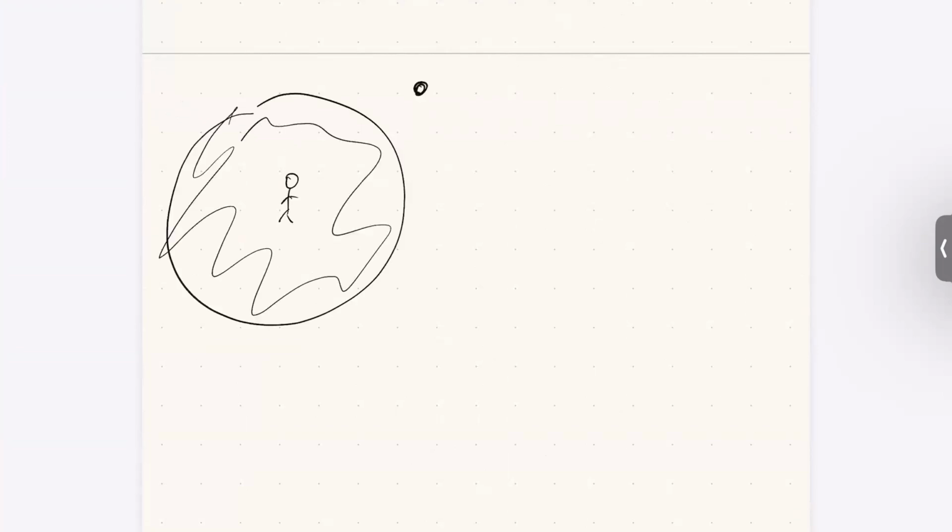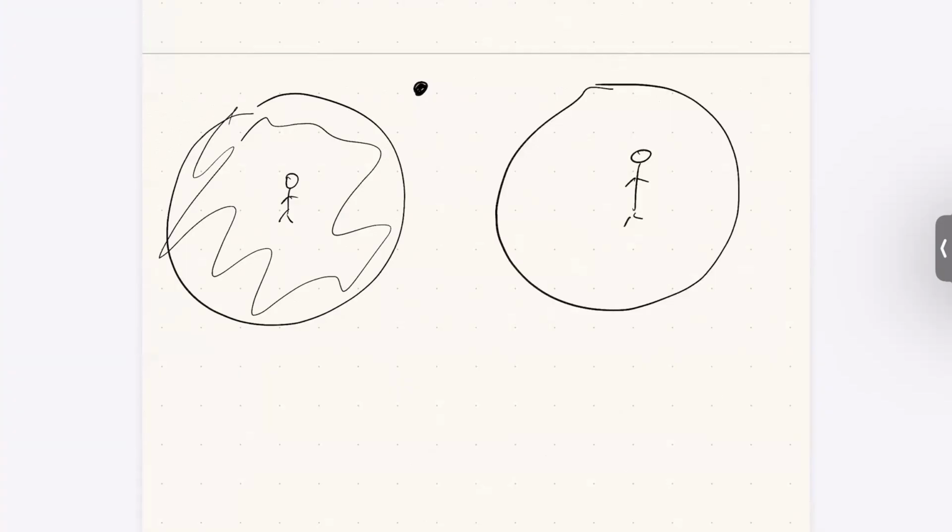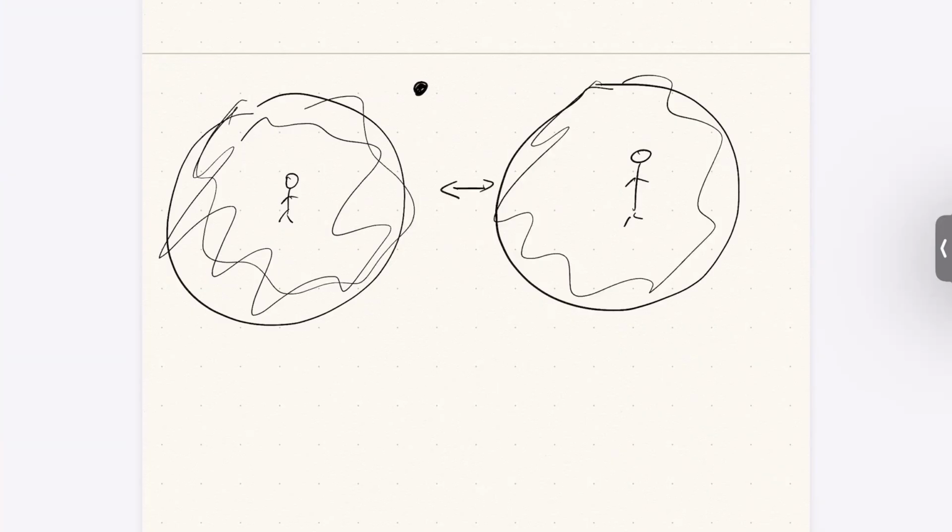Now, if anything exists over here, I will not see it because it's not inside my particle horizon. Let's say there's another body over here who has their own individual particle horizon. This particular body and myself will be causally disconnected. I will not be able to interact with them because I am not included in their particle horizon and they are not included in mine.